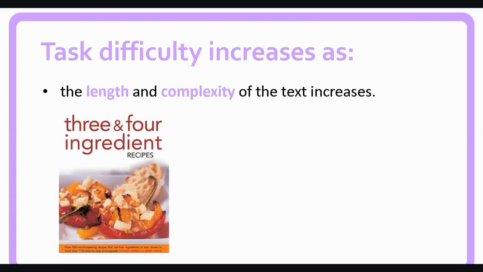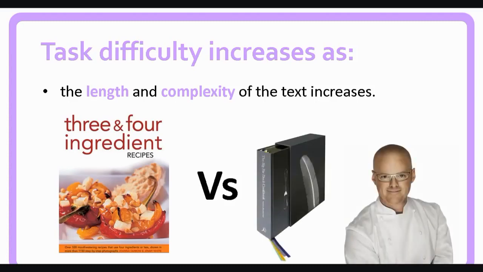And here's an example of that. We've got a recipe book here for 3 and 4 ingredient recipes. It's easy. That's the way the book is marketed. It's just 3 or 4 ingredients. Anyone can handle it. However, the alternative is to contact our friend Heston Blumenthal and get onto the Big Fat Duck cookbook. And he has very, very precise and complicated recipes.